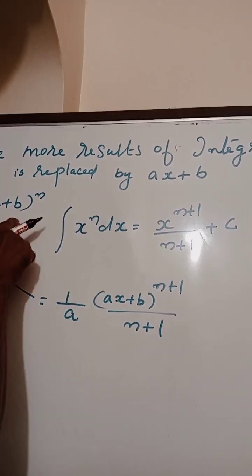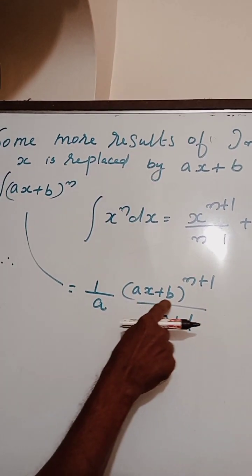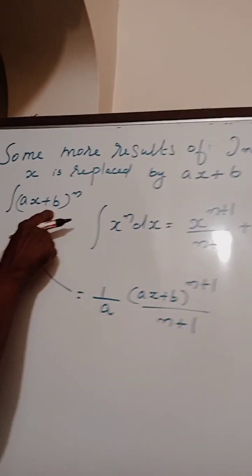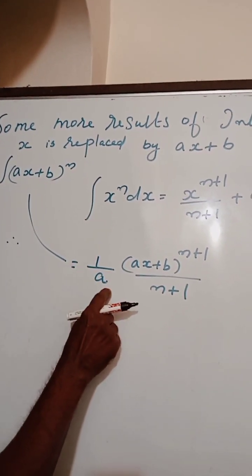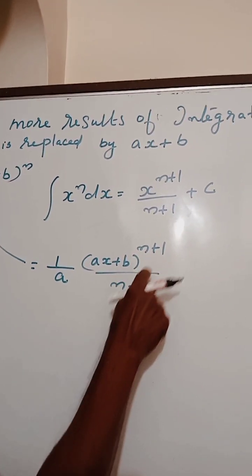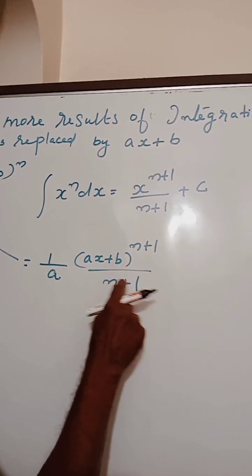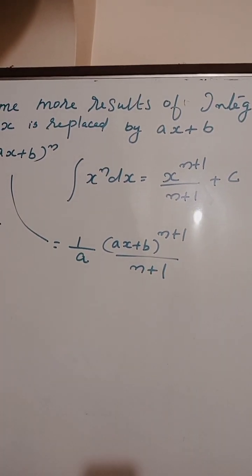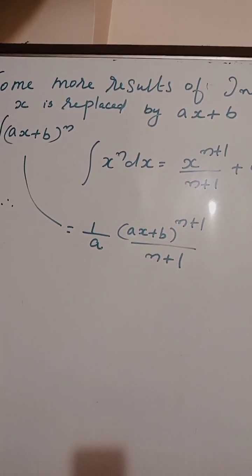Instead of x, we are writing ax plus b. So we are taking 1 by a into (ax plus b) the whole raised to n plus 1 divided by n plus 1. This can also be solved by the method of substitution.